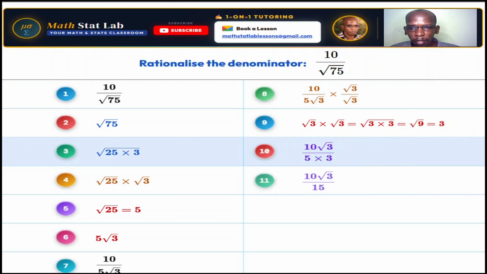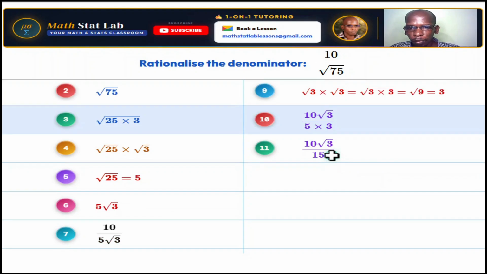So it becomes 10 root 3 divided by 15. But 10 is divisible by 5, and so is 15. 10 divided by 5 is 2, and 15 divided by 5 is 3.